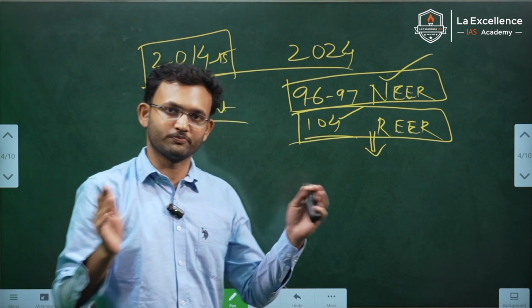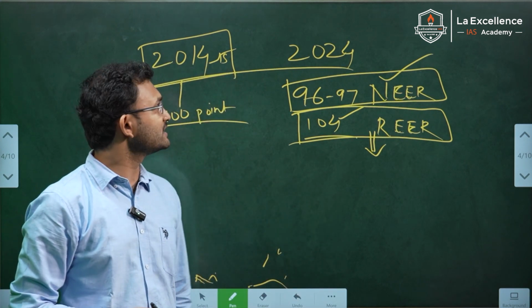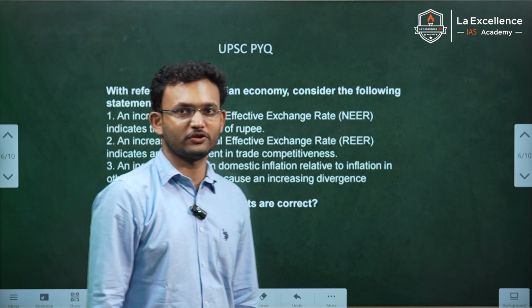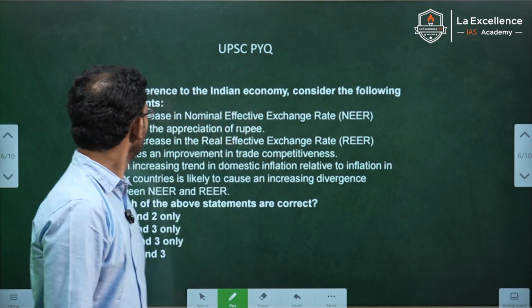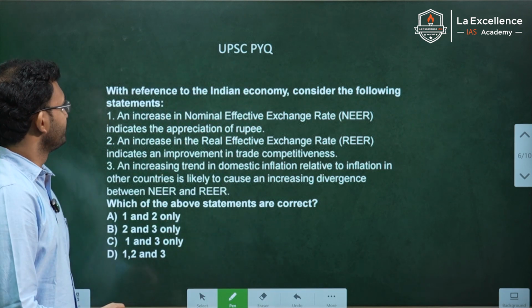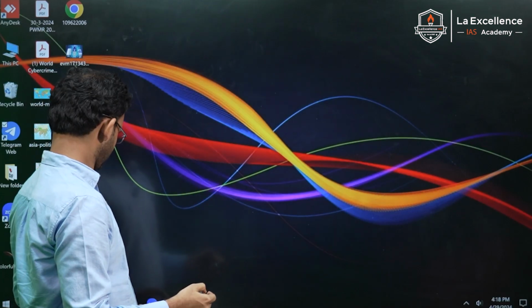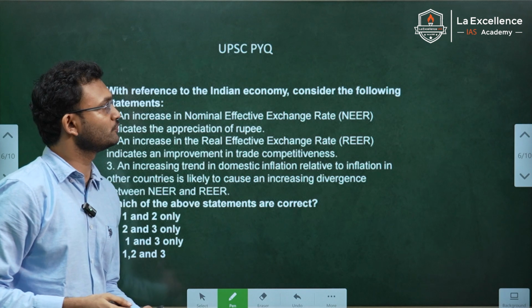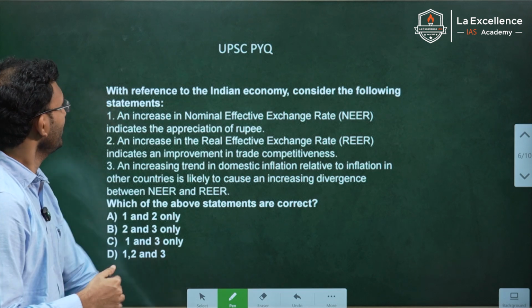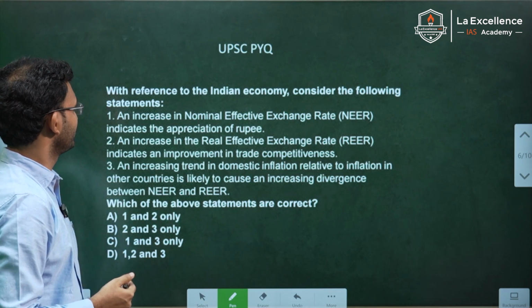Hope you understood this concept. So just to test ourselves, let's look at the 2022 PYQ. If it's visible, the question says, with reference to the Indian economy, examine these statements.